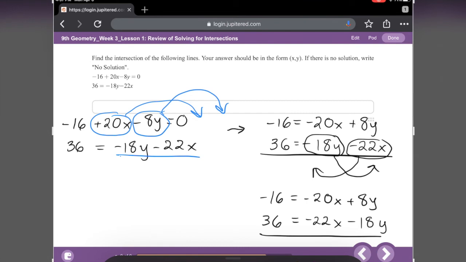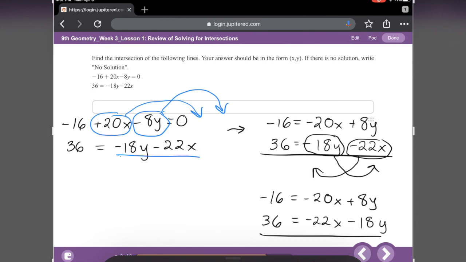Okay, so this one is tricky because we have numbers that aren't easy to find what the next common multiple is for them, or what the least common multiple is. So let's think of which one might be easier to do, though. 20 and 22. That seems hard just because the numbers are so close to each other.